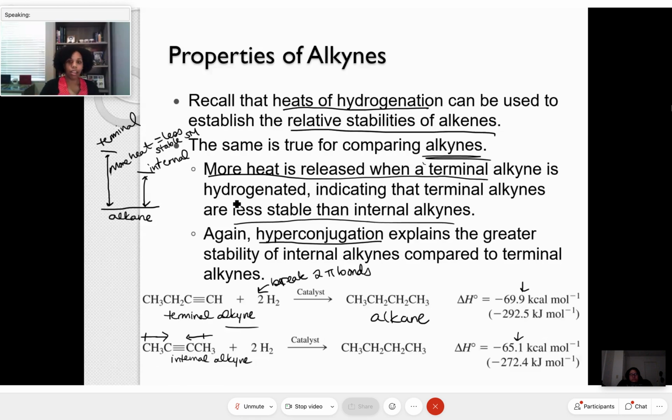So stability of our alkynes: it could be a different group on the other side, but we have our ethyne with no groups, then we add in a group, and then we have 2 groups on either side of the alkyne. That's going to be most stable. Questions there?